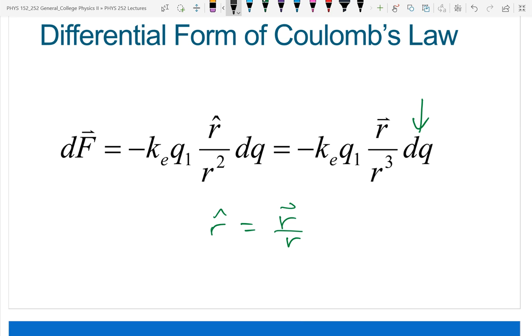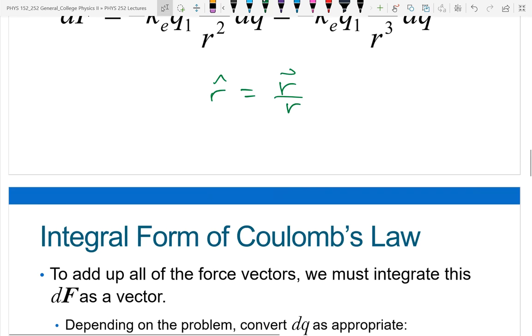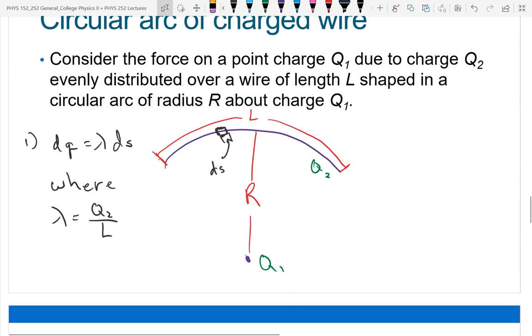Now that we substitute for dq, we're going to break it into components. So I am going to set a coordinate system so I can break it into components. And I'm going to set my coordinate system in the simplest way possible. First, use a symmetry argument. What's that symmetry argument? The r is constant.